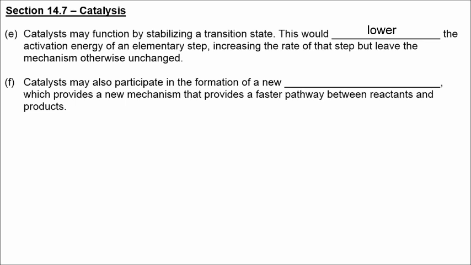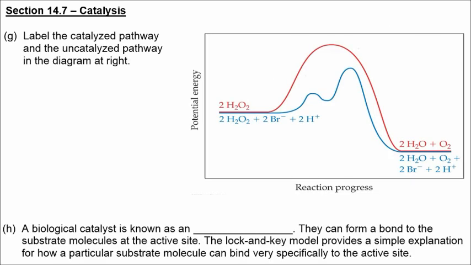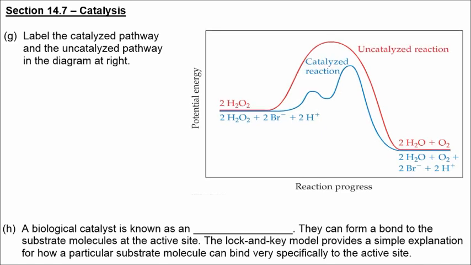A catalyst can result in the formation of a new intermediate, and that might also provide a lower energy or faster pathway to get from the reactants to the products. Here we have an uncatalyzed pathway in red, and we have a catalyzed pathway in blue.